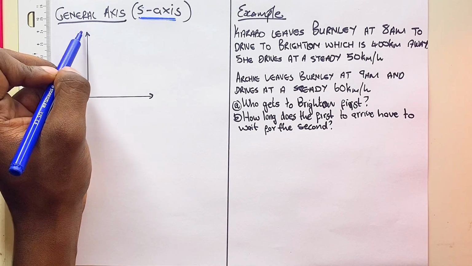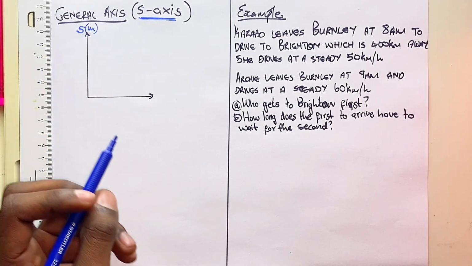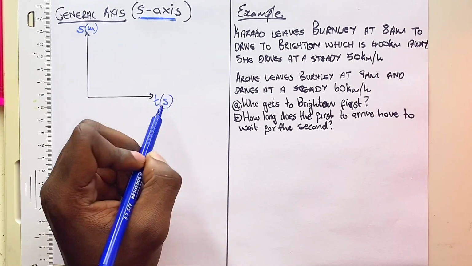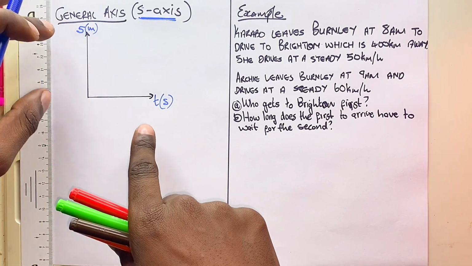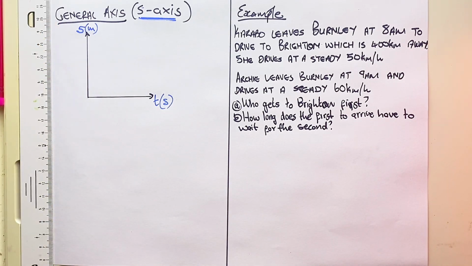Therefore, our position will be denoted by S, given in meters, and our time will be given in seconds. Now we are finding the equation for uniform motion for a general axis. It's just finding a general formula.